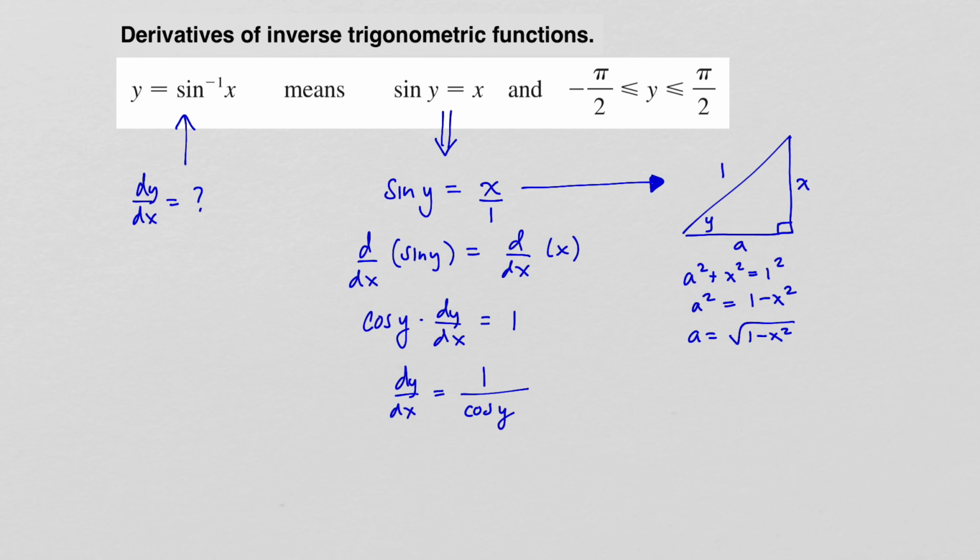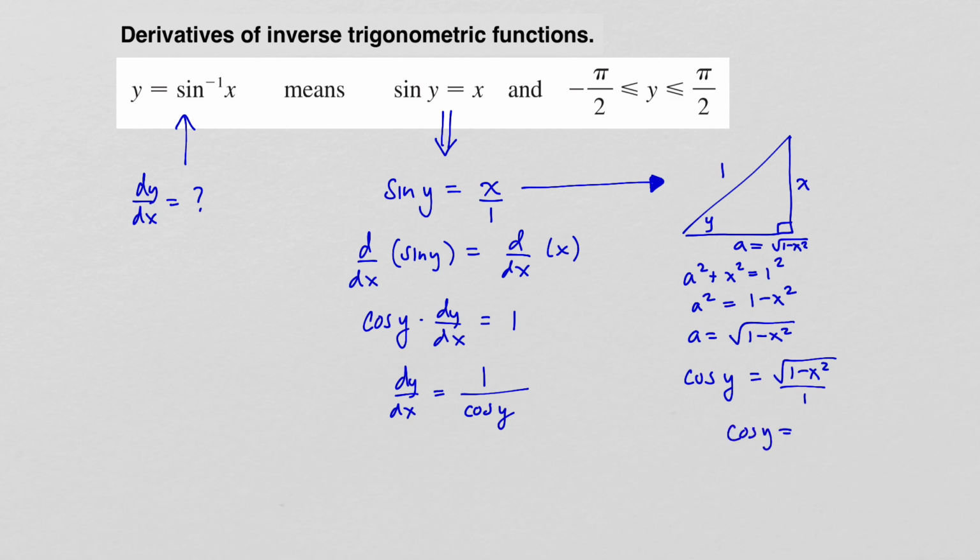So if a is equal to the square root of 1 minus x squared, notice that now you can tell me what cosine of y is. Because again, if I look at my triangle, here's the angle y, cosine is the adjacent side divided by the hypotenuse. So that is going to be the square root of 1 minus x squared over 1.